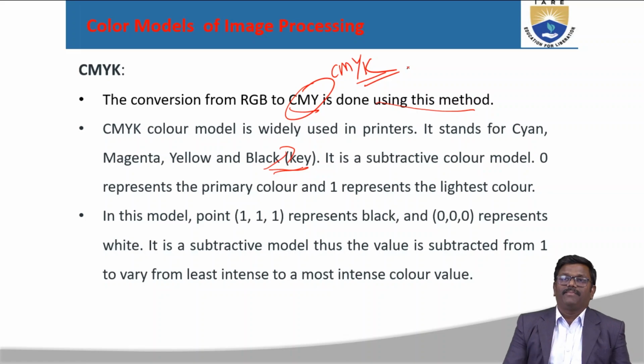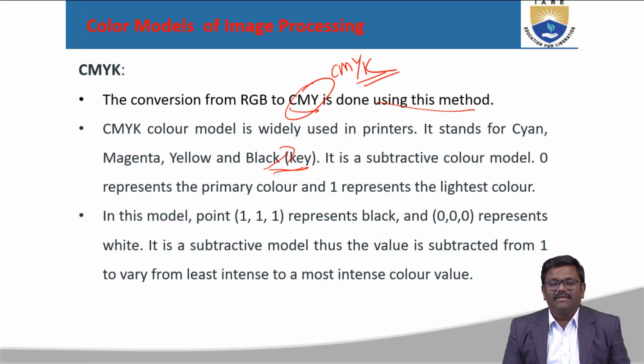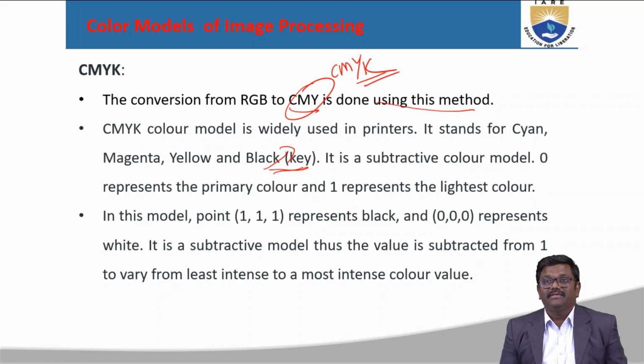That may be black, obviously. So it is a subtractive color model which represents the primary color as 0, and 1 represents the lightest color.